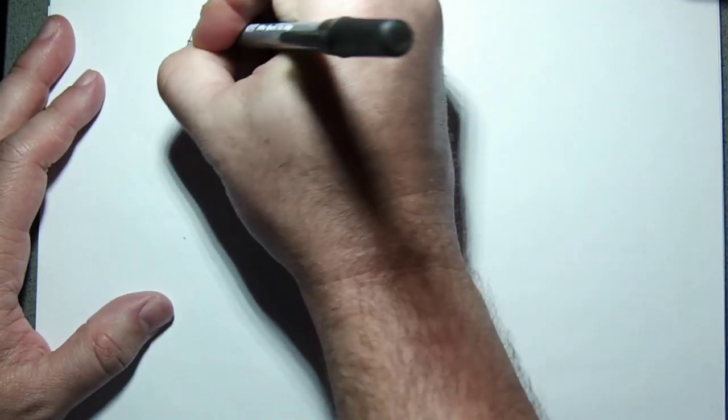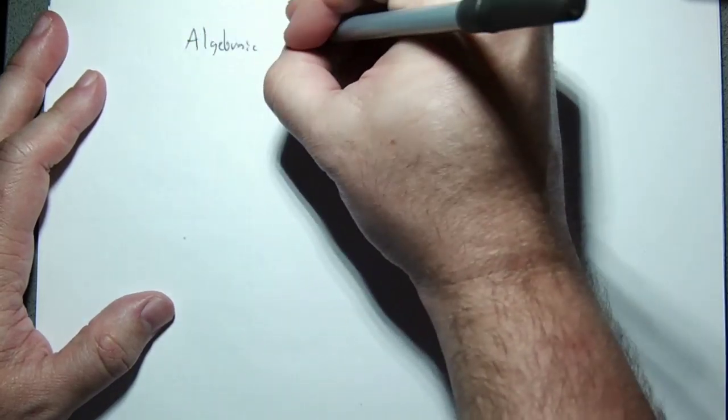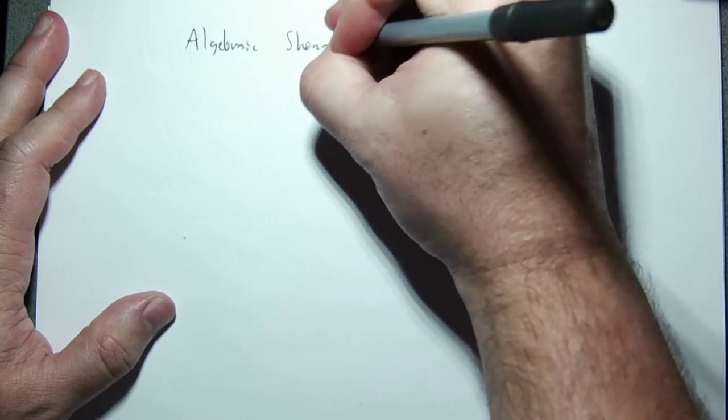Then there's the algebra going on behind the scenes that really lets us know what is happening here. This is the algebraic shenanigans behind the scenes.